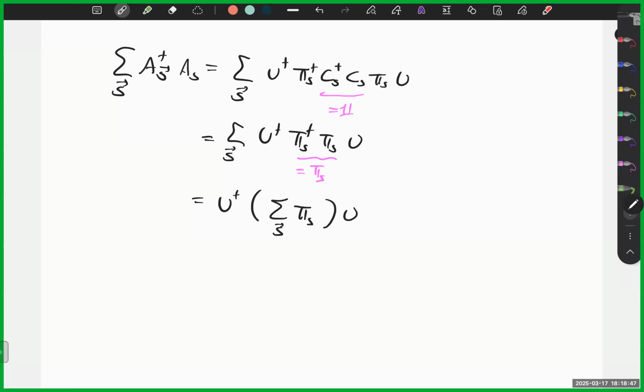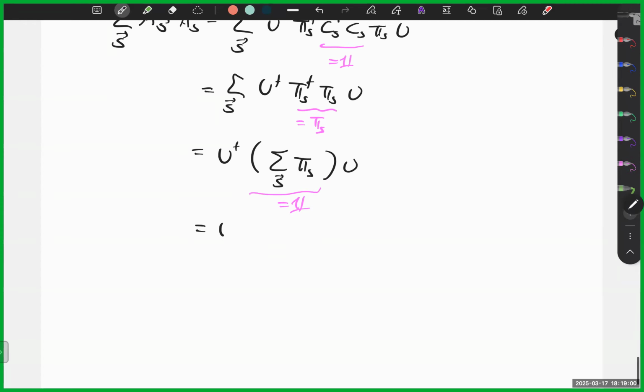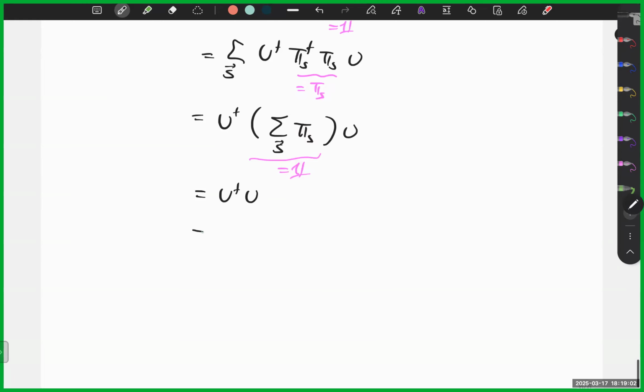Since our measurements are complete, we have this being equal to the identity, and it gives U dagger U. And since U is an isometry, we will have the identity. So it shows that the realization of a pattern is a channel.